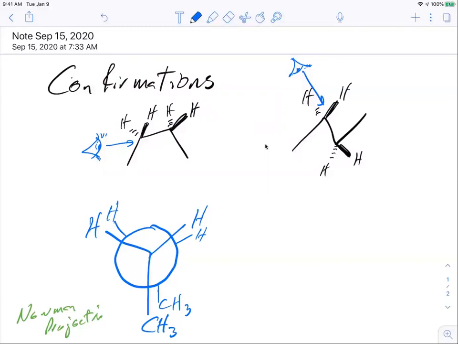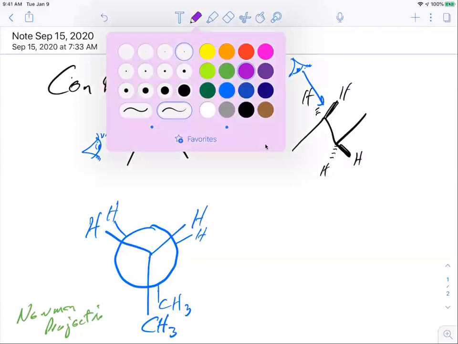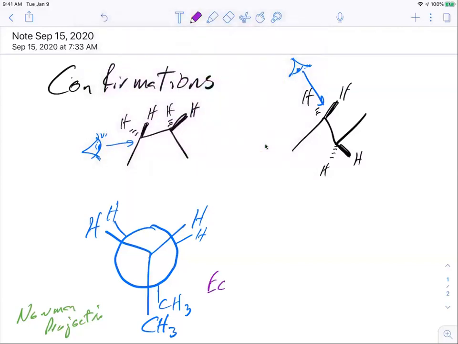The methyl group at the bottom is behind the other methyl group. So we have two methyl groups. If this was the moon and the sun, what would we call this? Eclipsed. And that's what we call it here, eclipsed. So this conformation is called eclipsed.